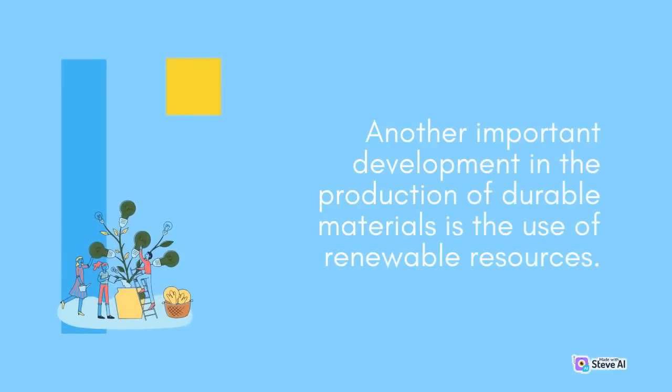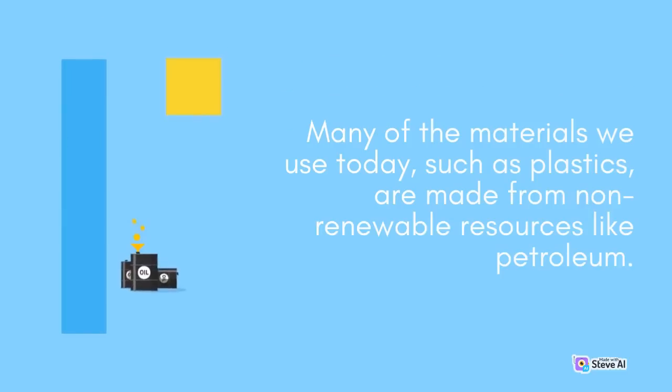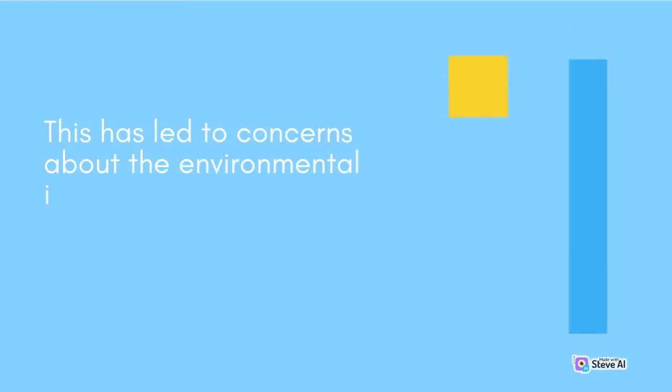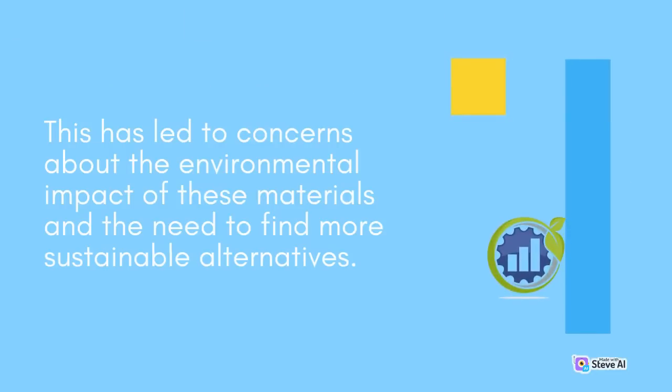Another important development in the production of durable materials is the use of renewable resources. Many of the materials we use today, such as plastics, are made from non-renewable resources like petroleum. This has led to concerns about the environmental impact of these materials, and the need to find more sustainable alternatives.